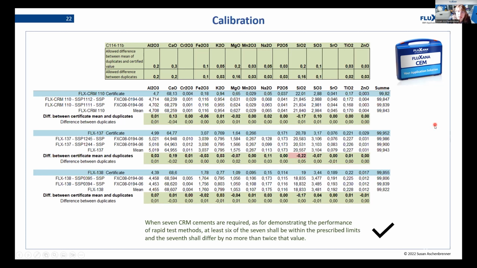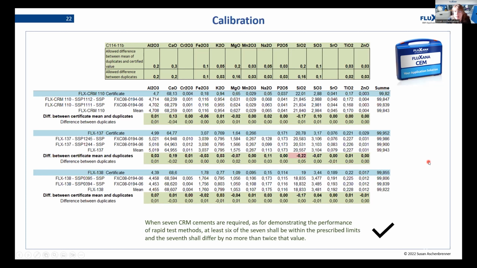So in this case, I can say, okay, I validated my calibration using the NIST standard, using other standards that I proved to be compatible to the NIST standards. And now I can say my calibration will fulfill these tolerances that are given by the ASTM norm.